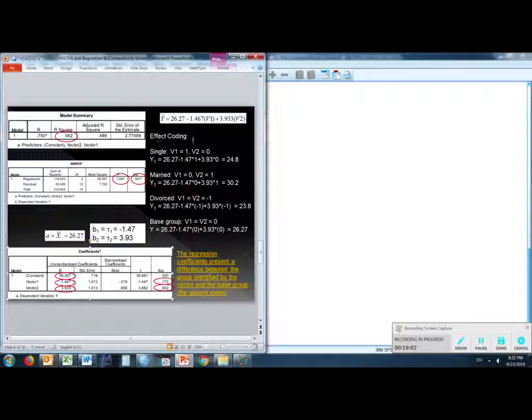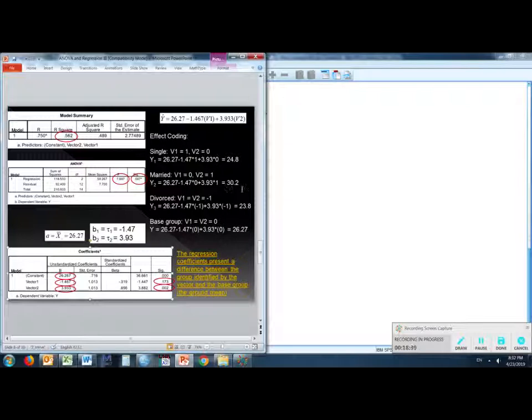Because we used the effect coding, the single group was coded 1 and 0. So the mean for the single group is 26.27 minus 1.47 multiplied by 1 plus 3.93 multiplied by 0. It is 24.8. That is the mean for the single group. The mean for the married group is 26.27 minus 1.47 multiplied by 0 plus 3.93 multiplied by 1.